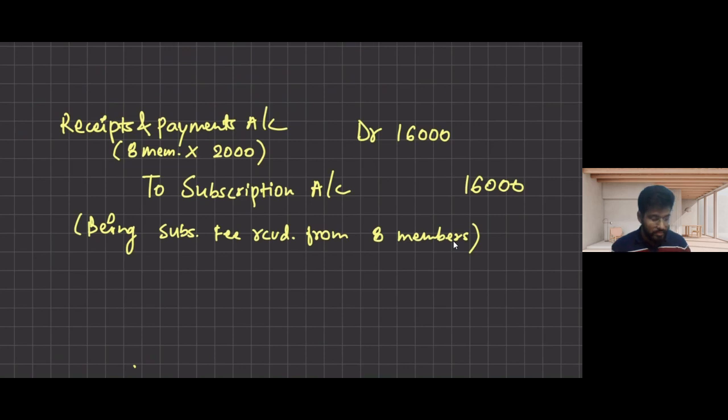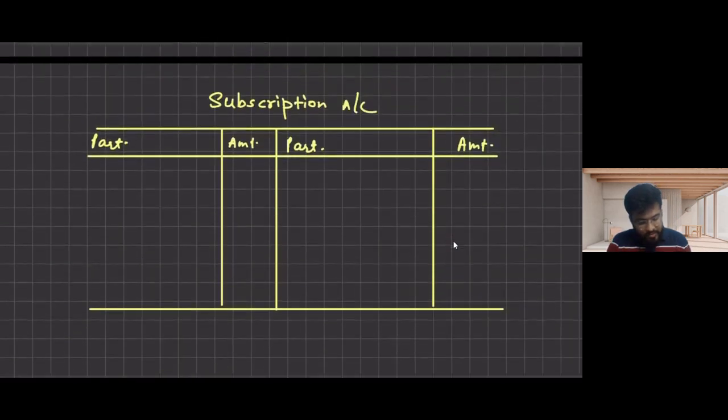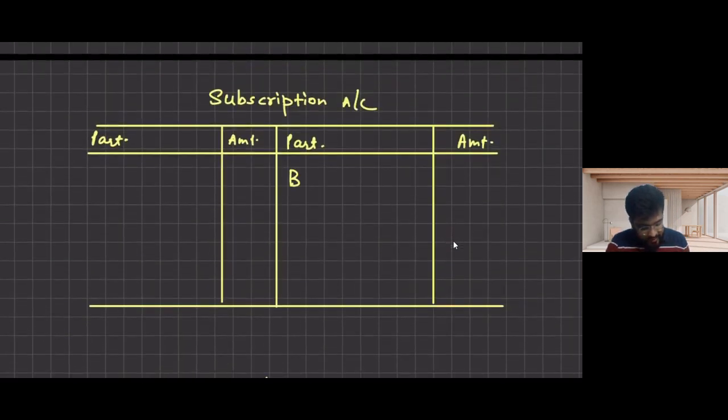Everywhere where you use the bank, just use the receipt and payment account. That is, 16,000 has been received and it has been credited to the subscription account. So here I can say by receipt and payment account 16,000 rupees. 16,000 rupees is received, sir.